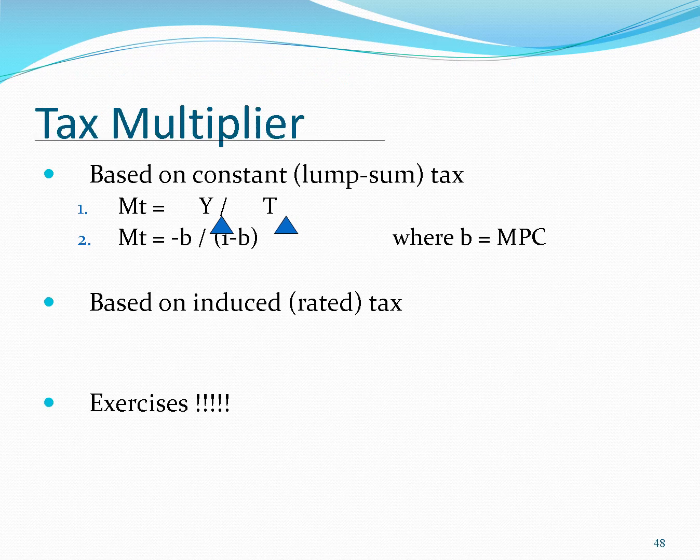You can know whether it's a 2 sector, 3 sector or 4 sector. And then the tax multiplier, whether it's a constant or lump sum tax, is negative B divided by 1 minus B.